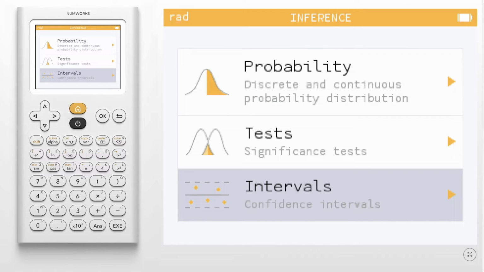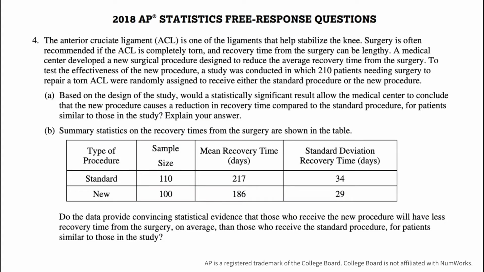What I'd like to do now is turn our attention to a few former AP Statistics problems so we can see the calculator in action. Here we have the 2018 AP Stats Free Response question number 4, which states that the ACL is one of the ligaments that helps stabilize the knee. Surgery is often recommended if the ACL is completely torn, and the recovery time from the surgery can be lengthy.